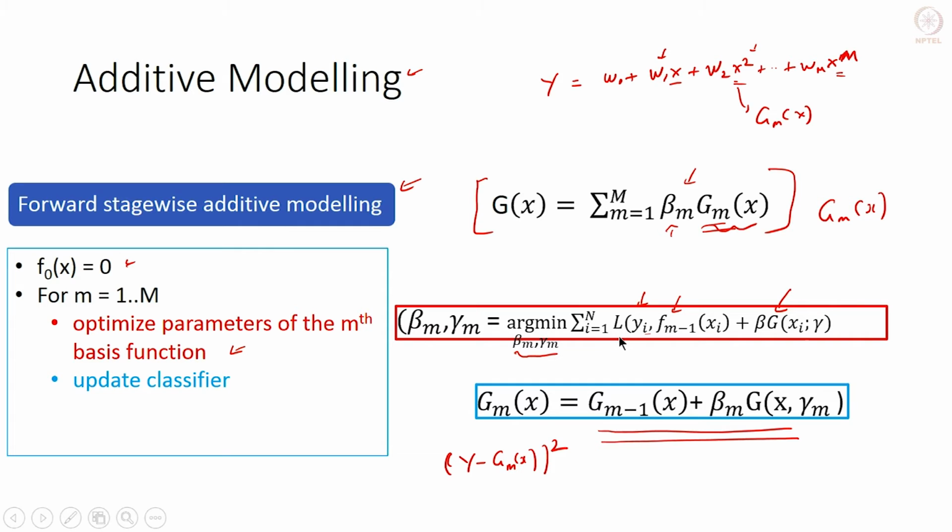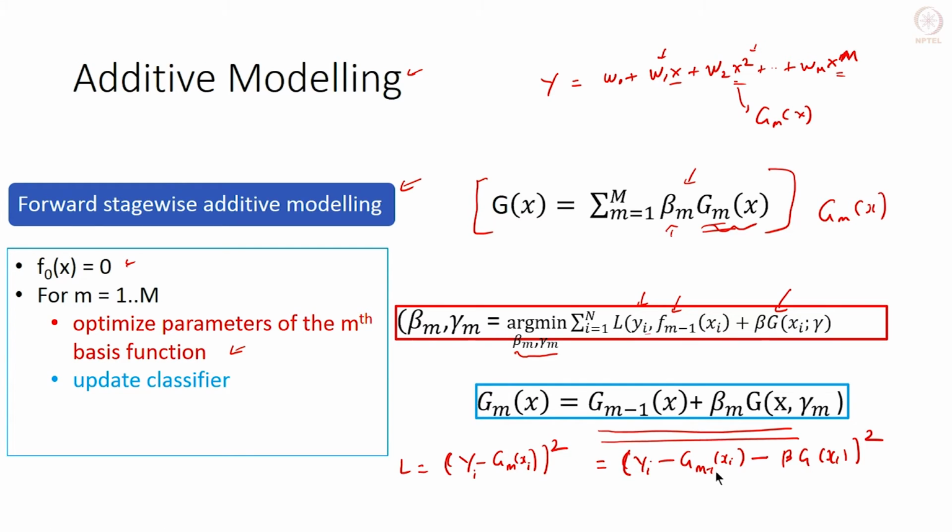Based on this, L, for one data point, since the sum is over all of them, is y_i minus g_{m-1} of x_i minus beta g of x_i, squared.